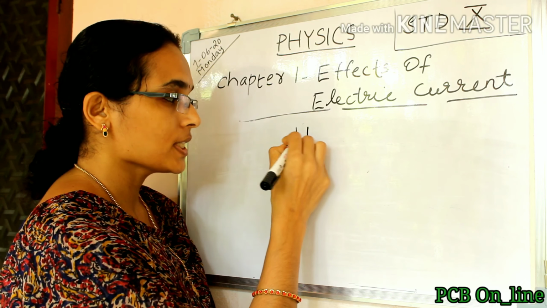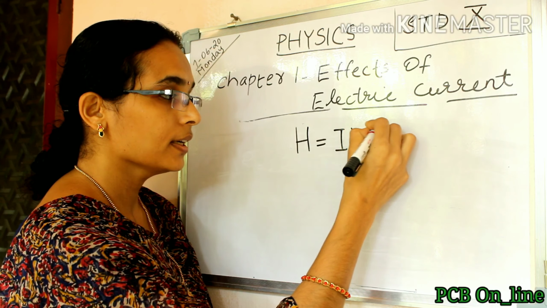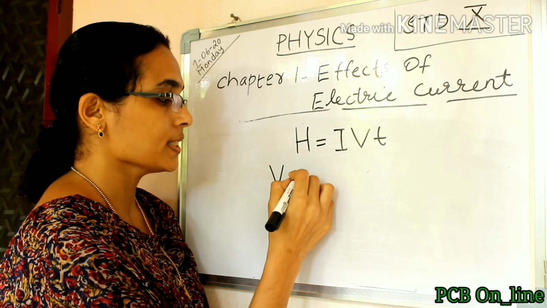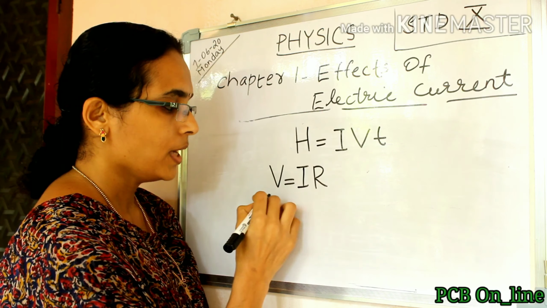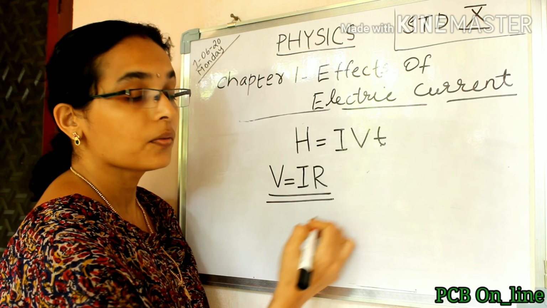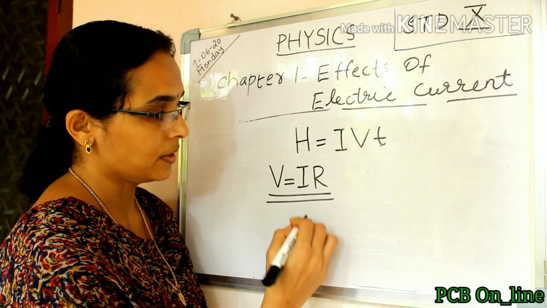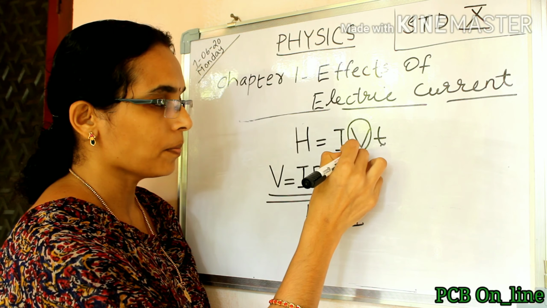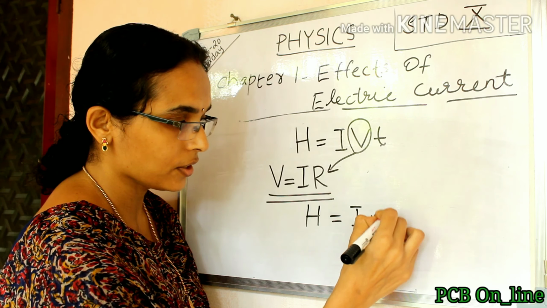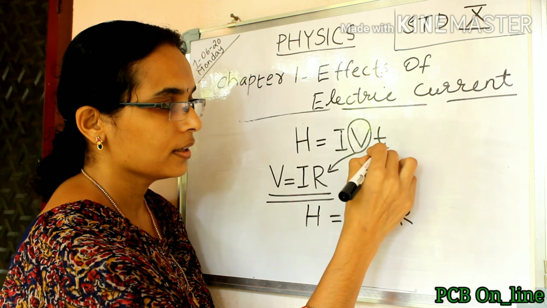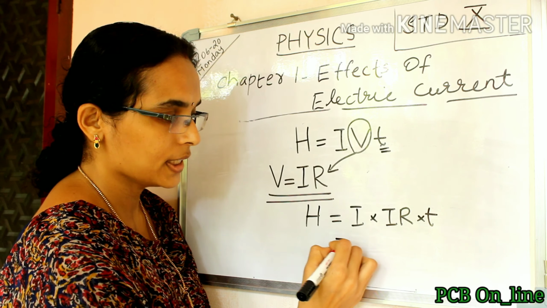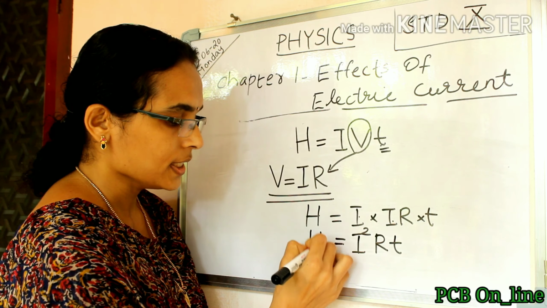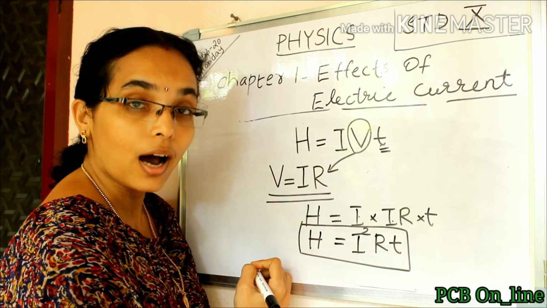Thus we got the first equation H is equal to I V T. From Ohm's law we have V is equal to I into R. By using this in this equation, we get another equation for calculating H. H is equal to I into, this V is replaced by IR, that is I into IR, then T. Then simplifying, H is equal to I square RT.